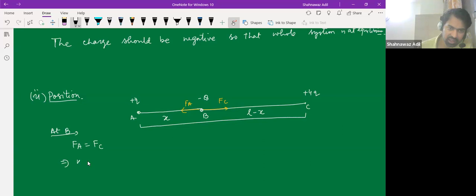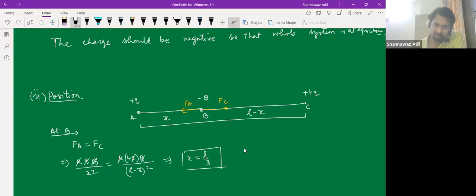FA is KQ by x square. FC is K Q cube divided by L minus x square. So we have already solved this part, right? And we have got x equals L by 3. So I'm not writing that again.